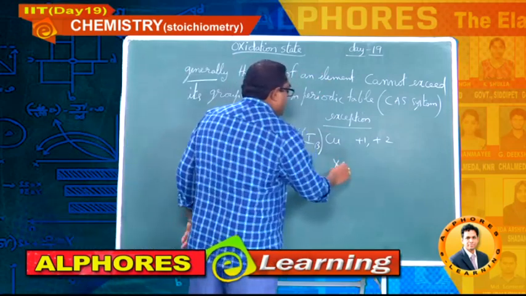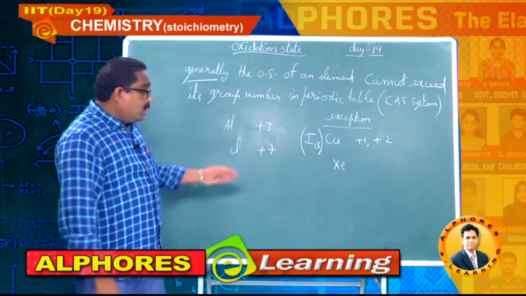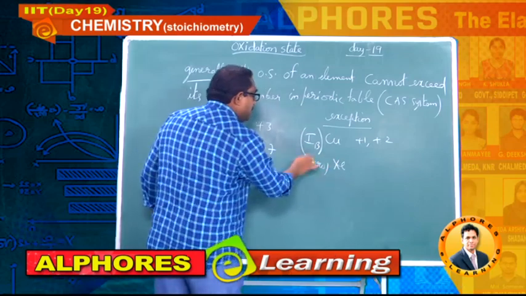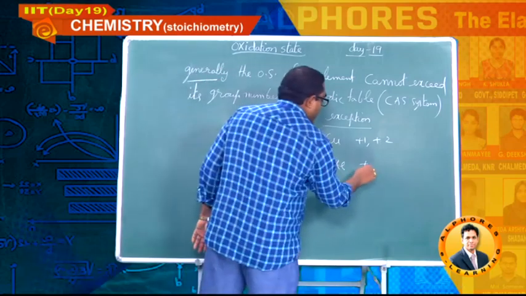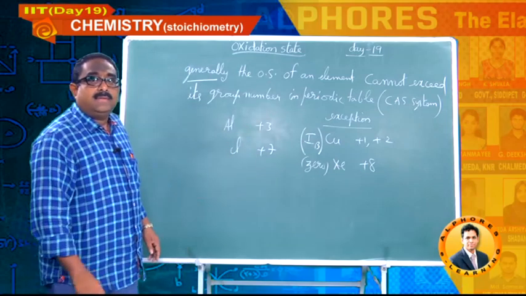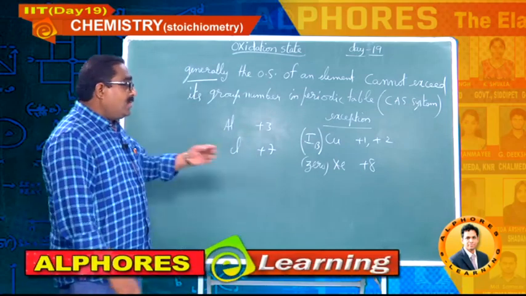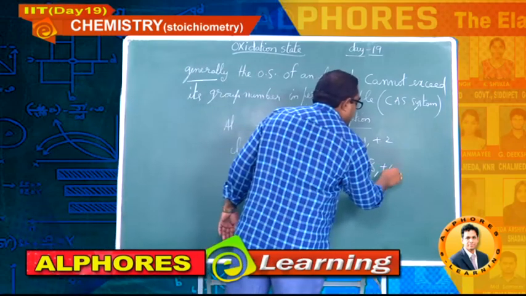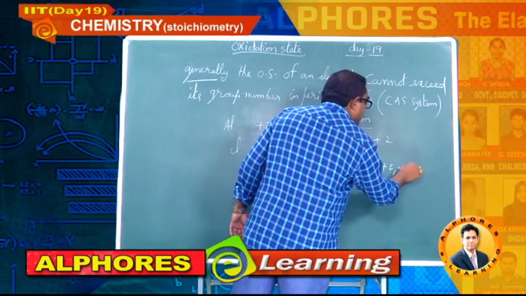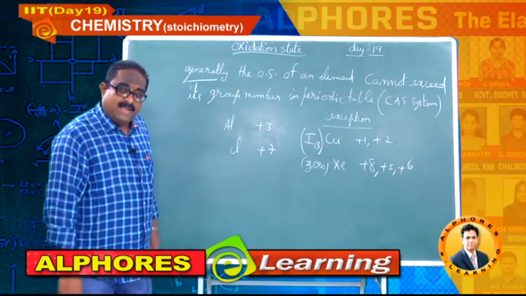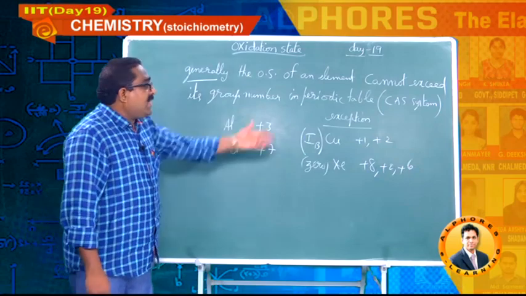Similarly, xenon belongs to the 0 group as per the common system, but it can exhibit +8, +4, +2, +6 like that. Compounds are there. So these are some exceptions.